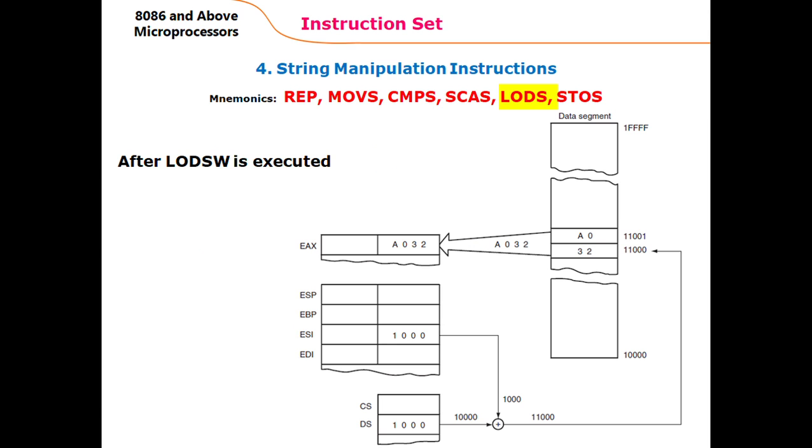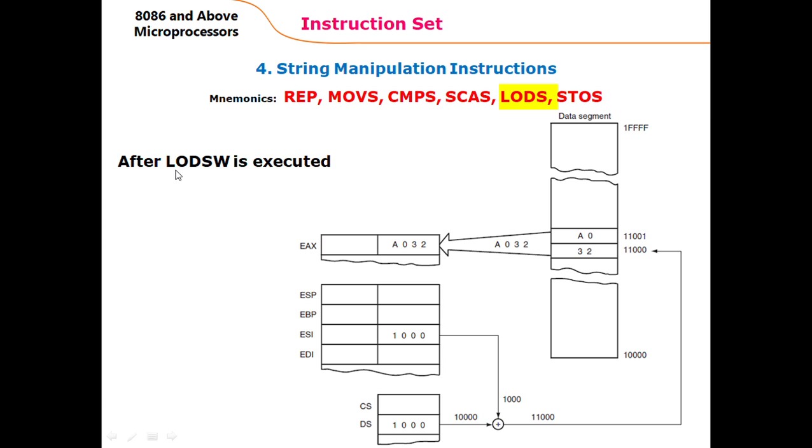And this is a simple diagram that explains the status of registers: source index register, data segment register, accumulator, 32-bit accumulator EAX, and the status of the data segment after a 16-bit instruction LODSW is executed.